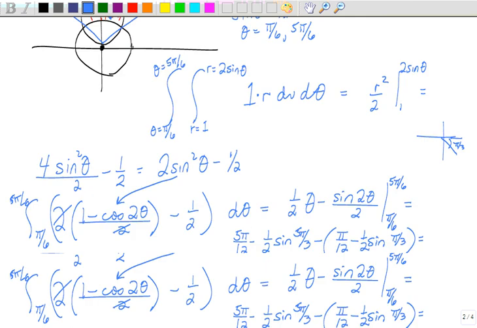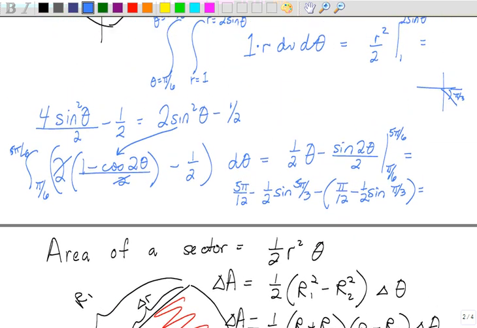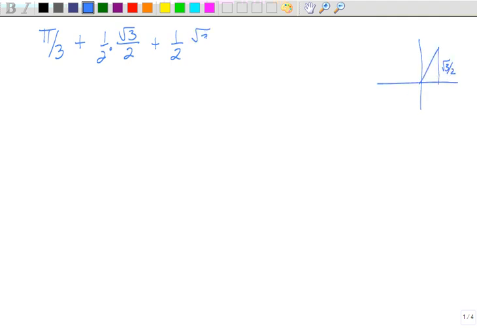Okay, I have to keep saying what I did. Plus a half sine of pi over 3. And sine of pi over 3 is square root of 3 over 2. So this is going to be pi over 3 plus square root of 3 over 2.